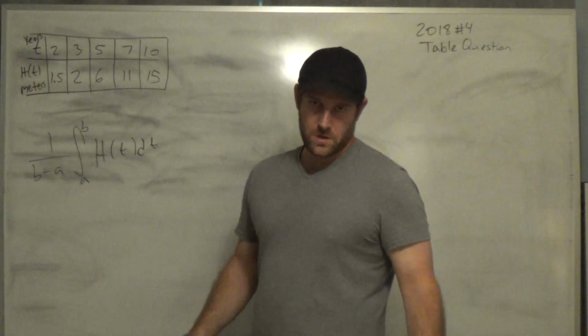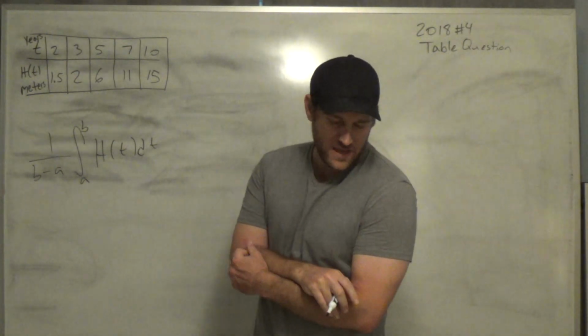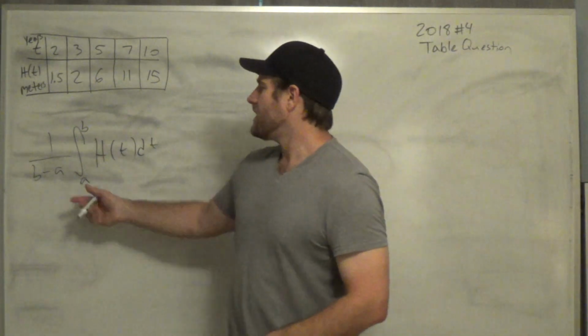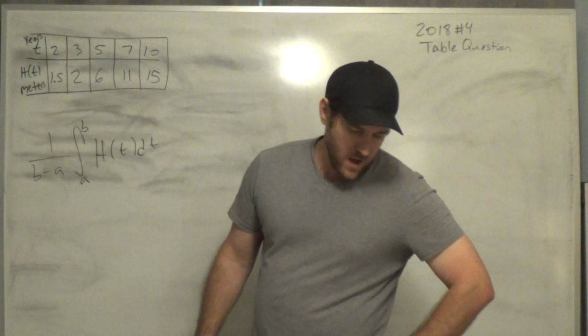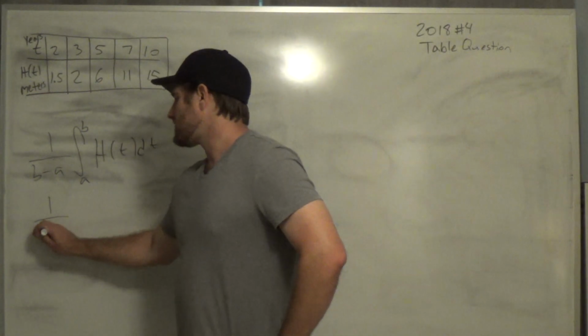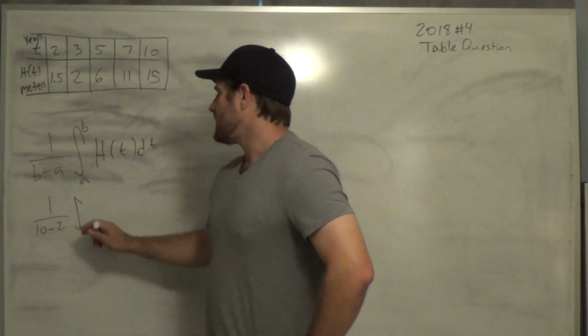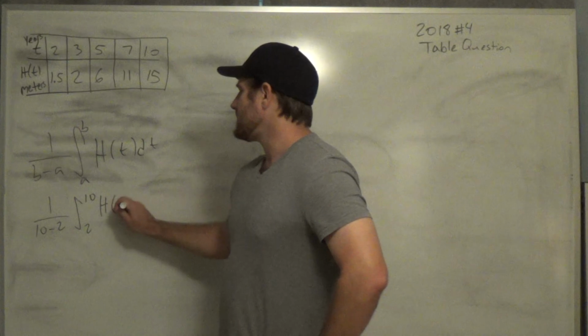However, people in the future are going to be watching this, so let's look at this for what it can be used. They want to know the average height. This is the formula for the average value of a function, on the interval 2 to 10. So it's 1 over 10 minus 2, integral from 2 to 10, h of t dt.